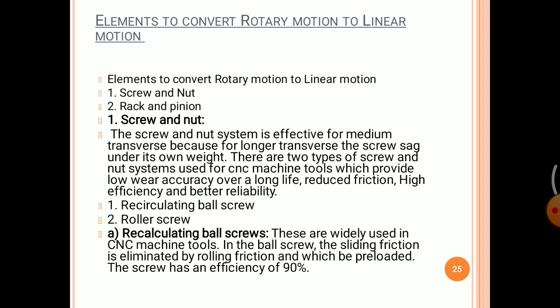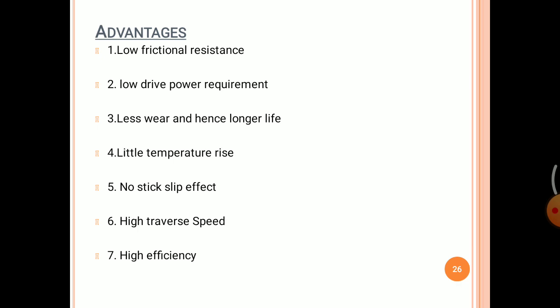But when we convert sliding contact into rolling contact, there will be less friction, less wear and tear, low power requirement, little temperature rise, and no stick slip effect.